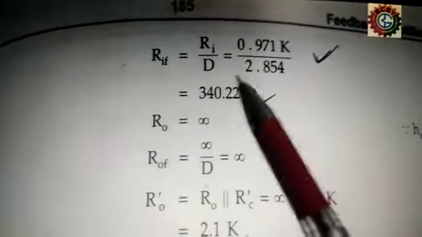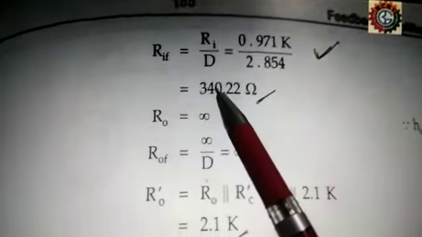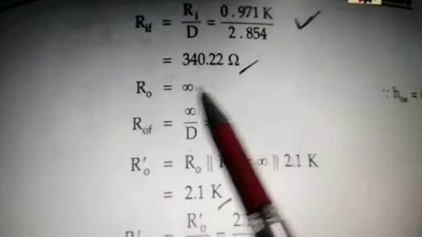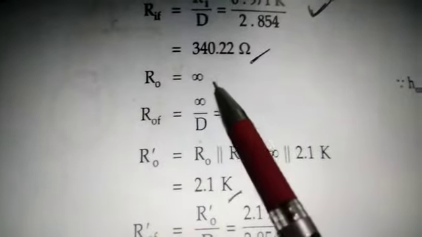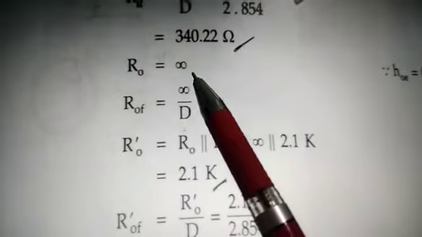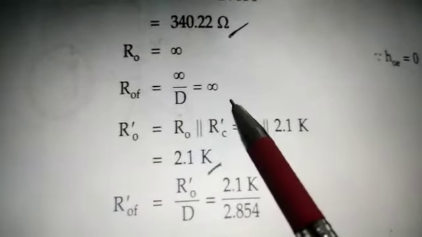Then RIF you calculate as Ri by D in the same fashion. The D factor is important. Calculate this value. In open loop, the output impedance at the output is infinite, so ROF is also infinite.